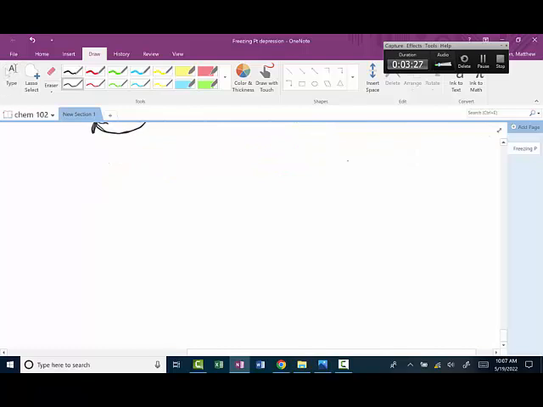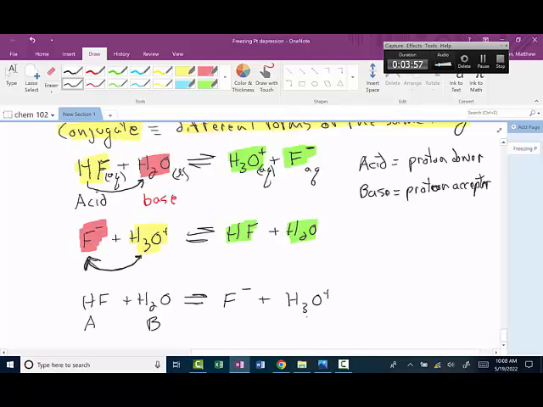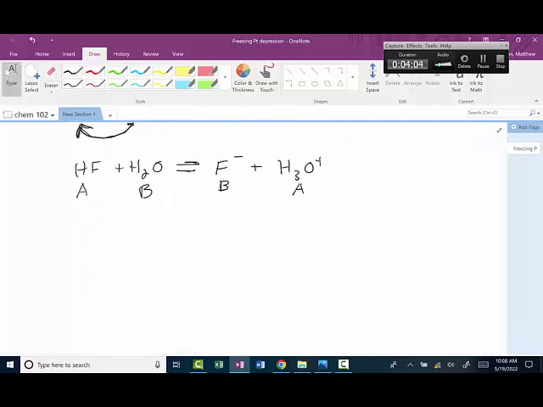We do this instead. We go HF plus H2O and a double arrow because it's a weak acid, but you don't have to worry about it. F minus plus H3O plus, and we say this is an acid and this is the base, but if it goes backwards like we just showed, this is the acid, the H3O plus, and this is the base. So these are conjugates. The HF is a conjugate of F minus.